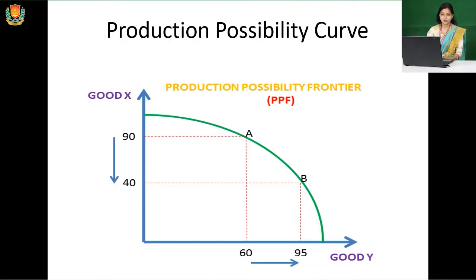As you can see in the graph, you can produce 100 units.